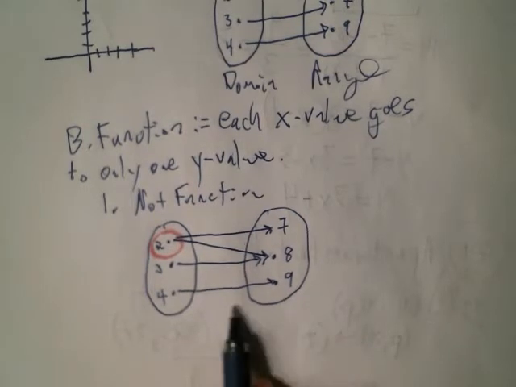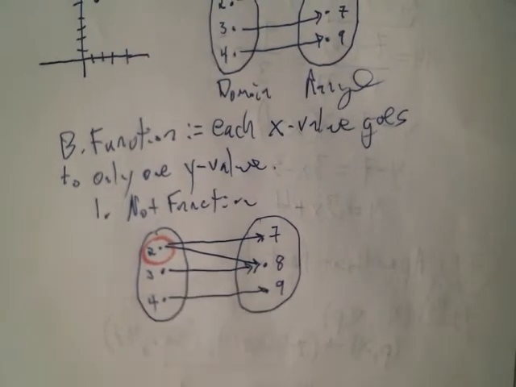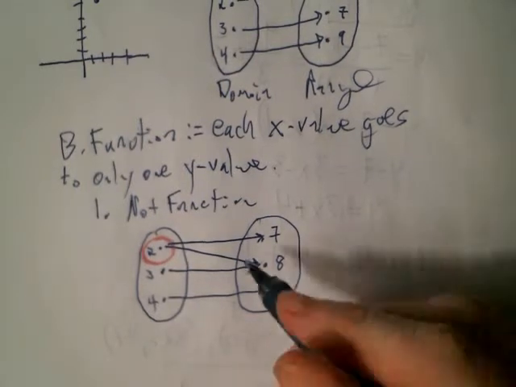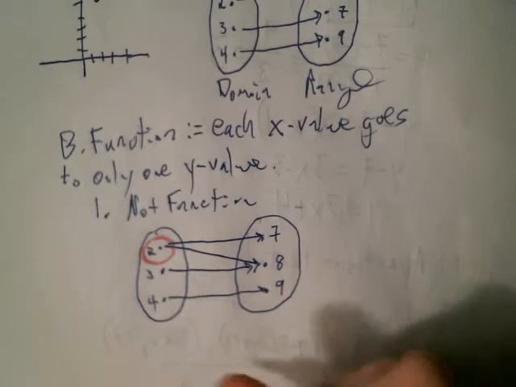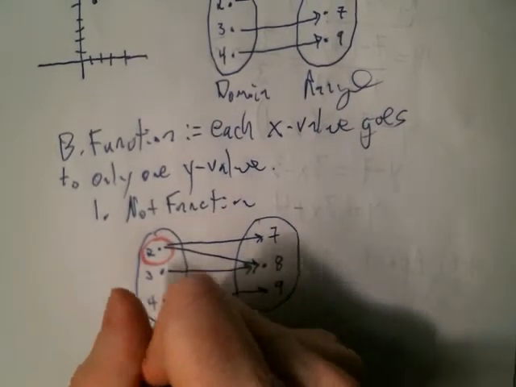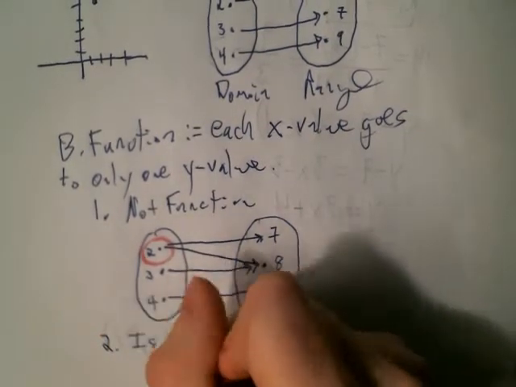I notice the 2 and the 3 both going to 8 isn't a big deal for this part. That would mean it wouldn't be invertible. Okay, that means it's not 1-to-1. It's okay, you can have functions that sort of go like this. So this is a function.